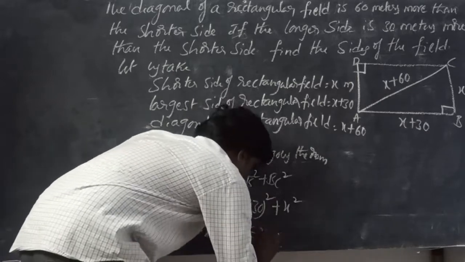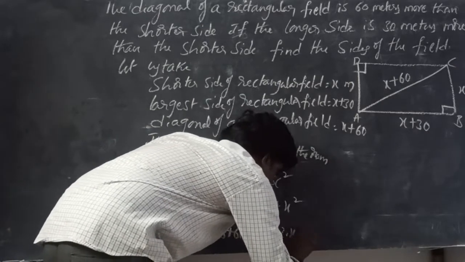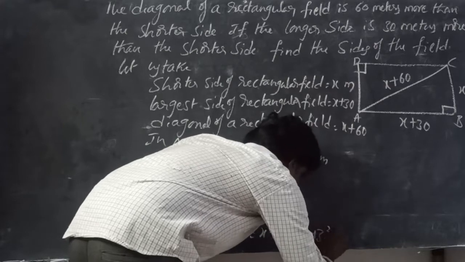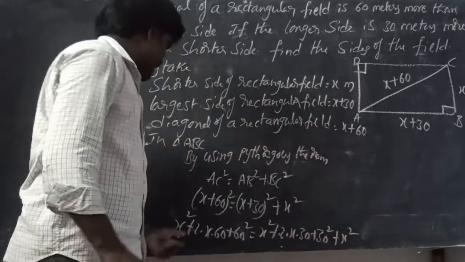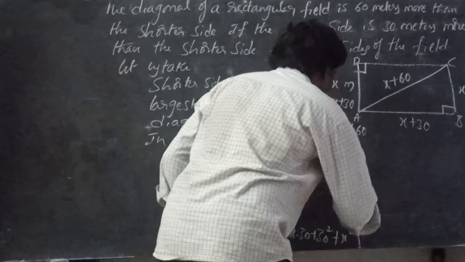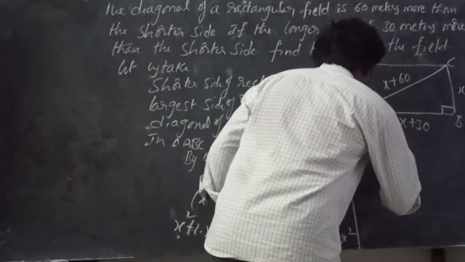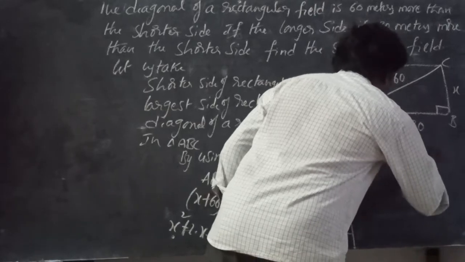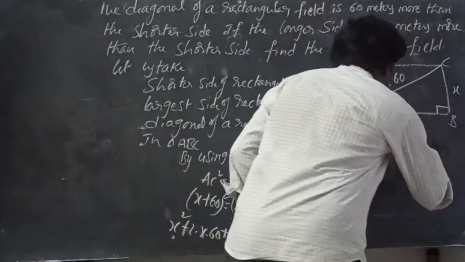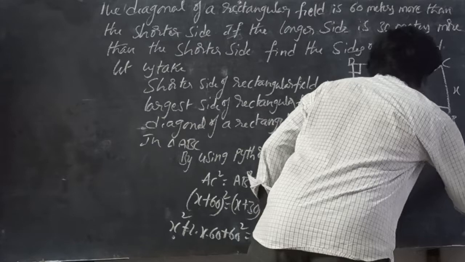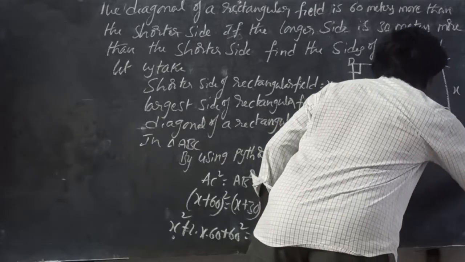Next, x square plus 2 into x into 30 plus 30 square, plus x square. So here x square plus 120x plus 3600 is equal to x square plus 60x plus 900 plus x square.